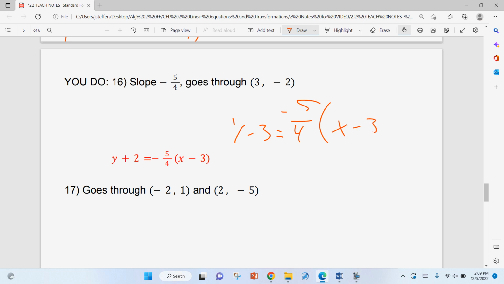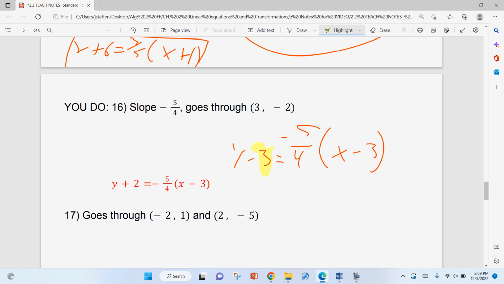X minus 3, or sorry, x minus 3. Oh my goodness. This one erased my mistake. So y plus 2 is equal to negative 5 over 4, x plus 3.